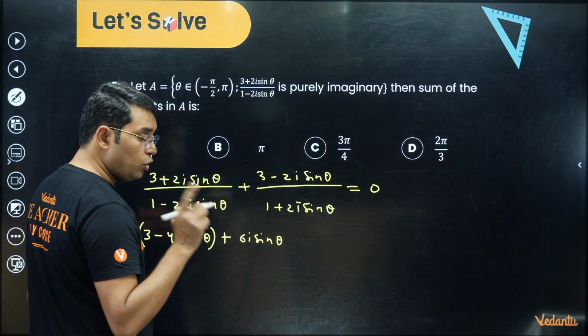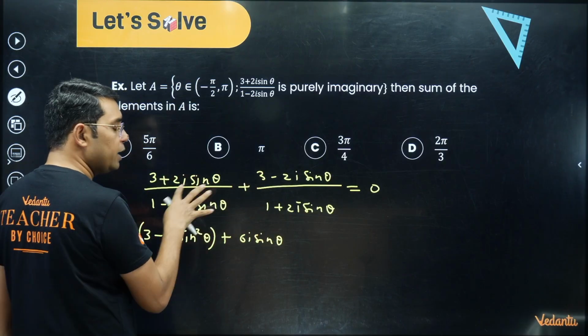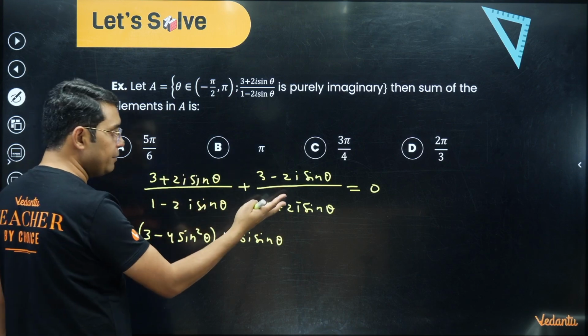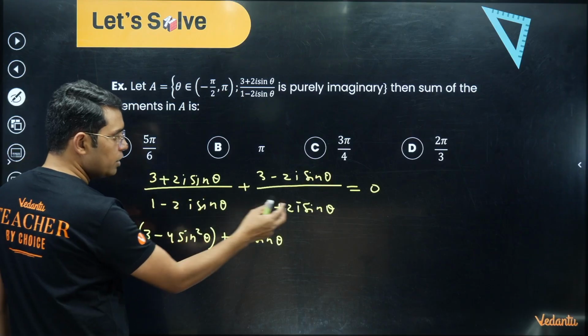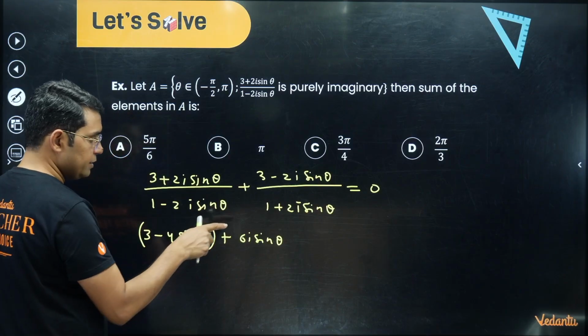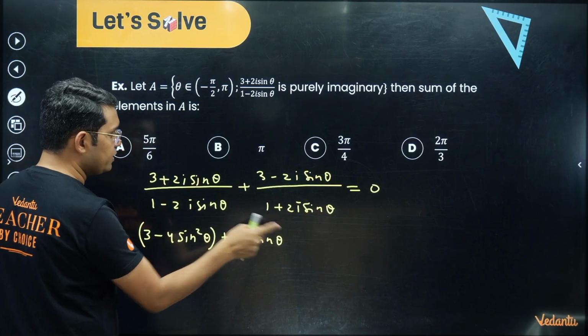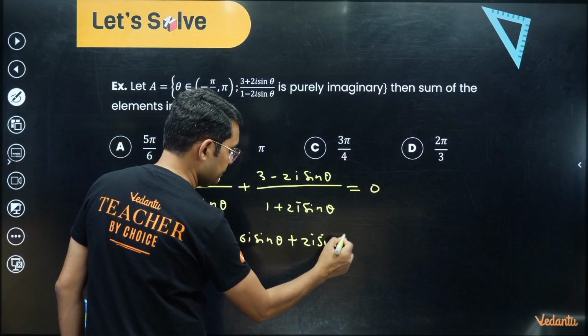Also, you may not write this thing because these two are conjugates of each other. So if you are adding them, it has to be a real number. So even if you calculate the imaginary parts, like 3 into 2 iota, 6 iota sine theta, and plus 2 iota sine theta.